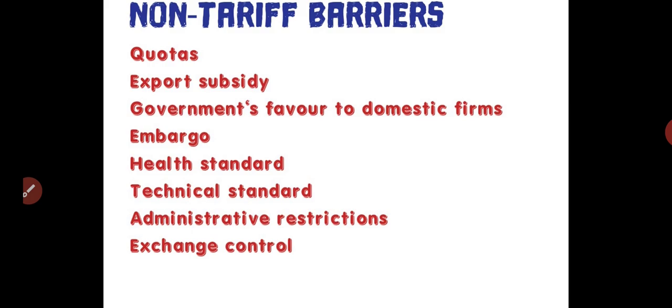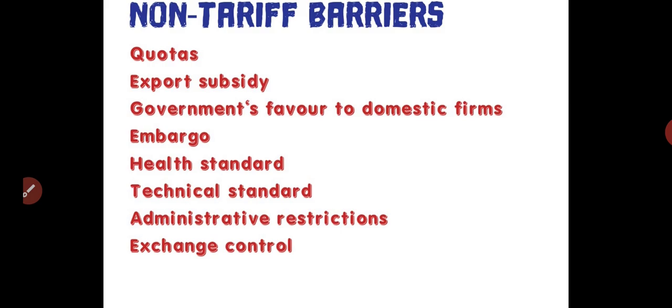Then we have embargo. Embargo is a kind of restriction put on the import of commodities. These are restrictions on the consignments or shipments from the foreign country.